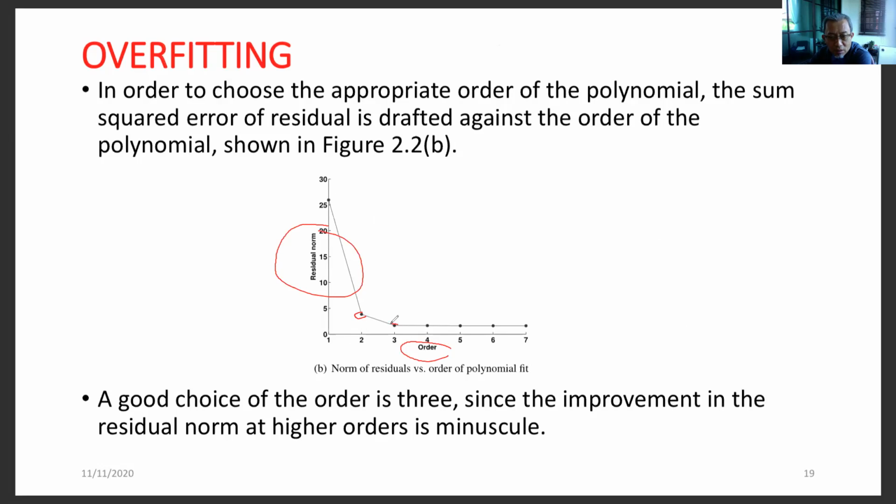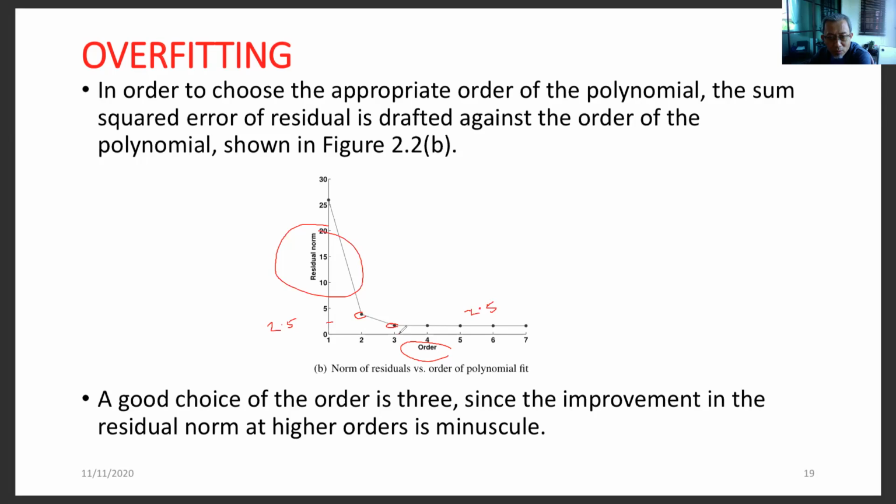And starting at 3, the residual becomes more constant, dia menjadi lebih flat and mantap. So until 4, 5, 6, 7, it is maintained at 2.5. So this is the best order that can fit the exponential graph shown just now.